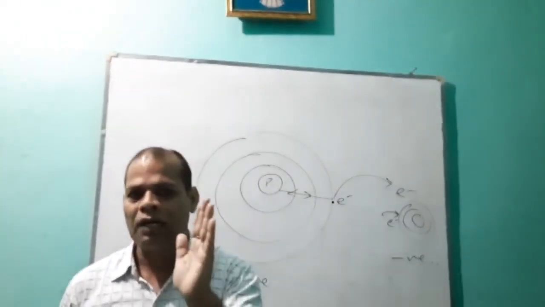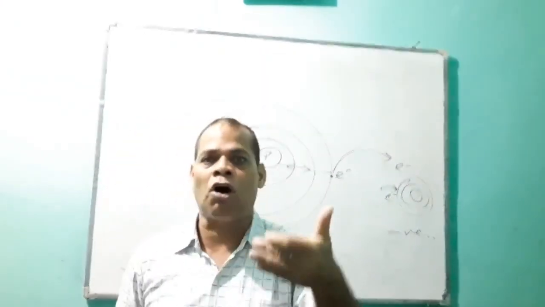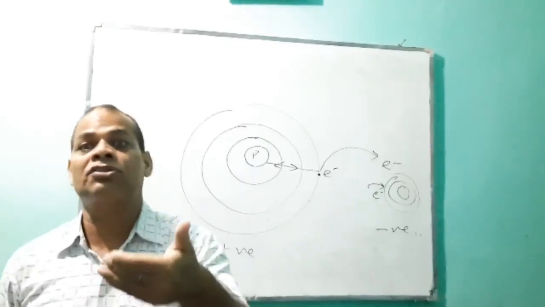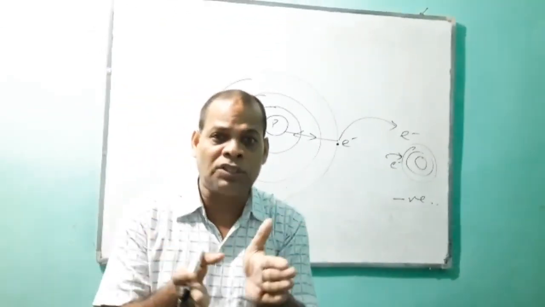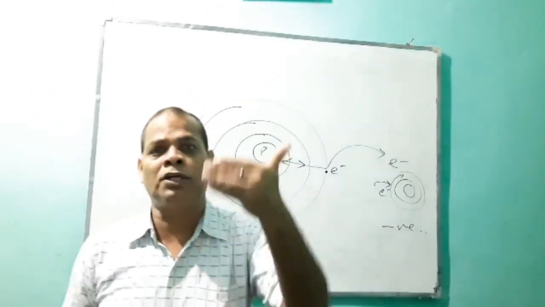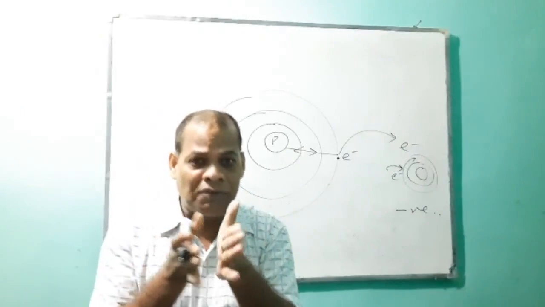And this is the cause of the creation of static electricity. The transference of electrons takes place from one body to another body while rubbing.